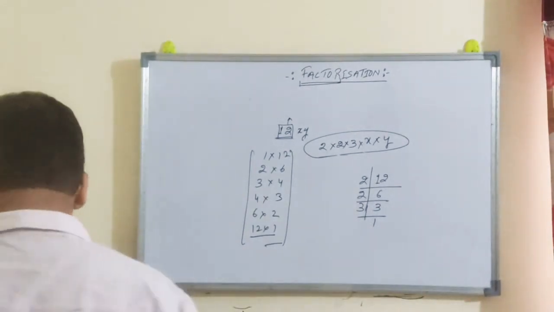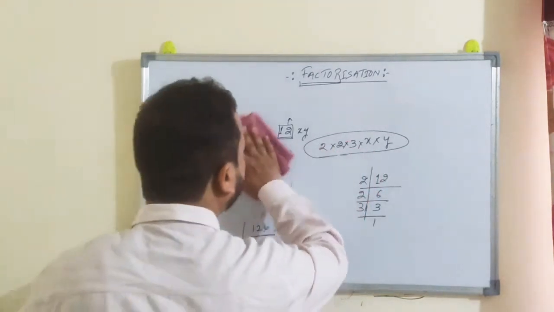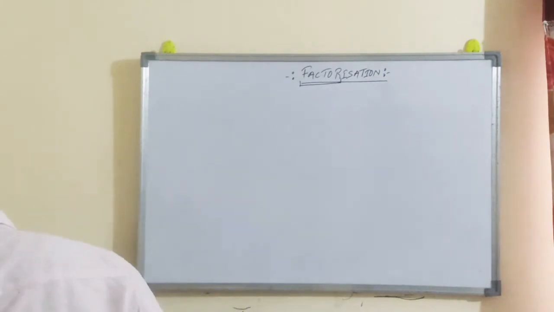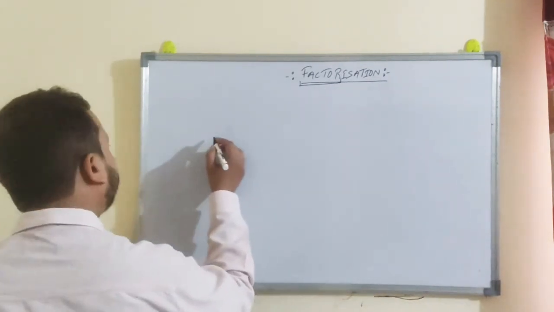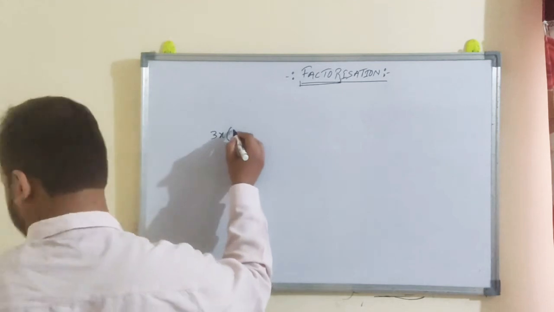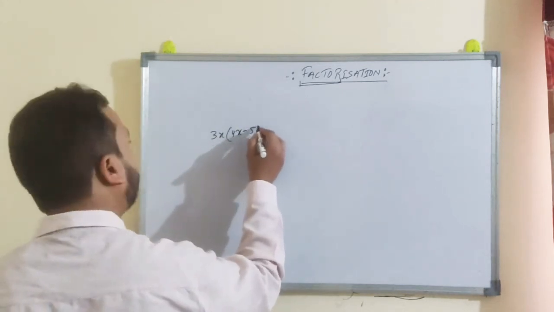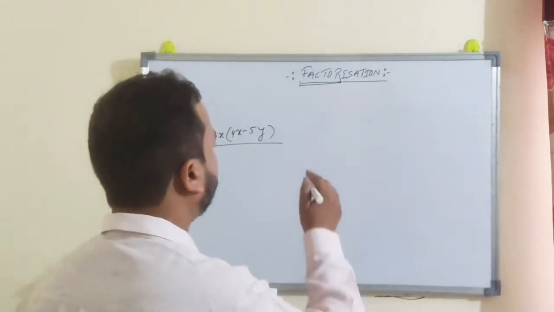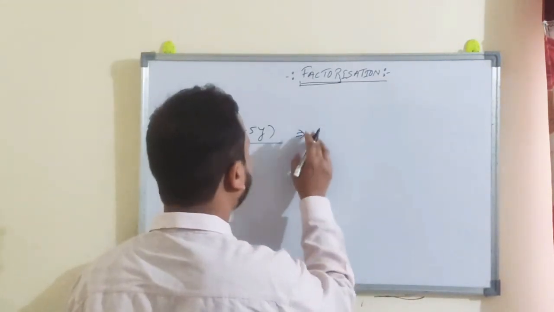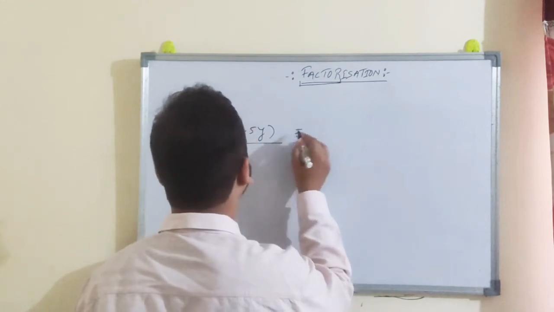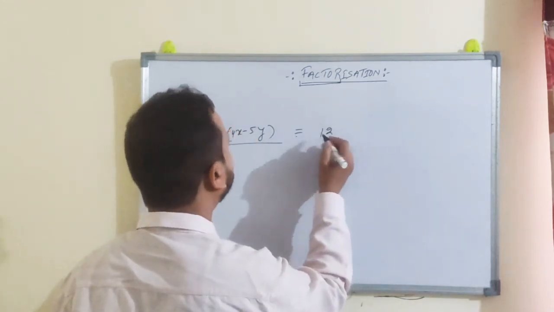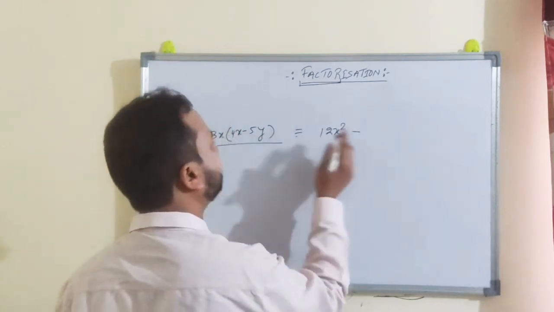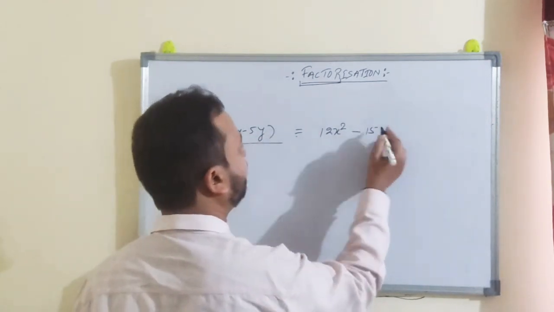Now we are going to take the example from the book. 3x and 4x minus 5y is given. This is the product. We have to take it. So when we take the product, we can write it as 3 4s are 12, x into x, x square, and minus 3 5s are 15, x into y.